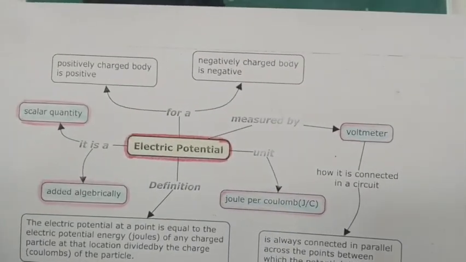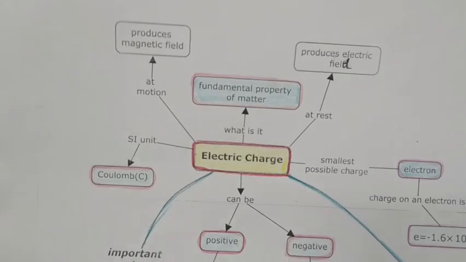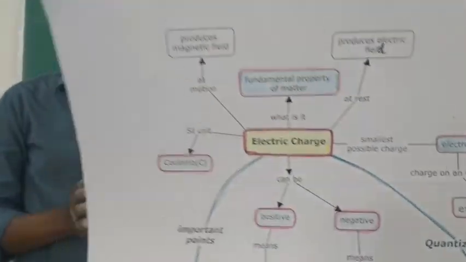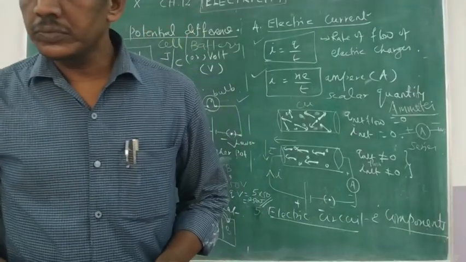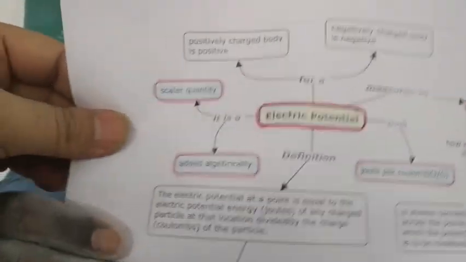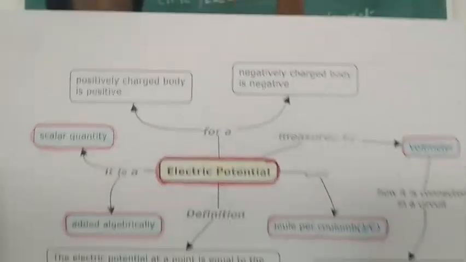The third concept we are discussing is the potential difference. Here we say electric potential, but it is nothing but potential difference. Because even when you talk about potential, one point we take at infinity.